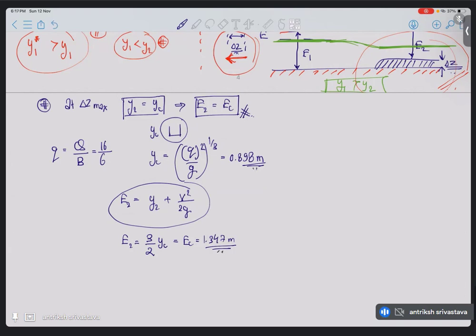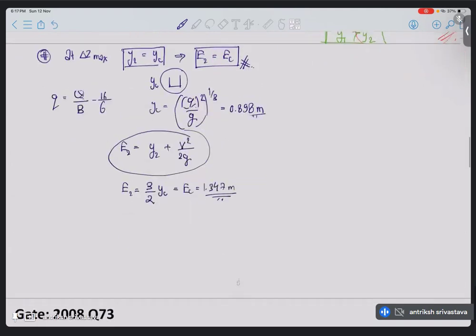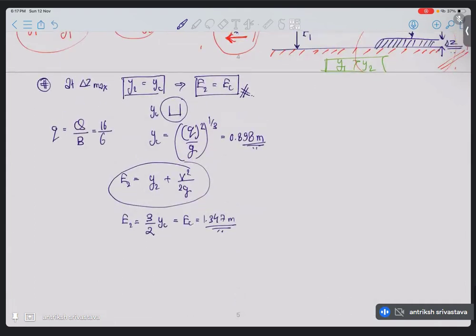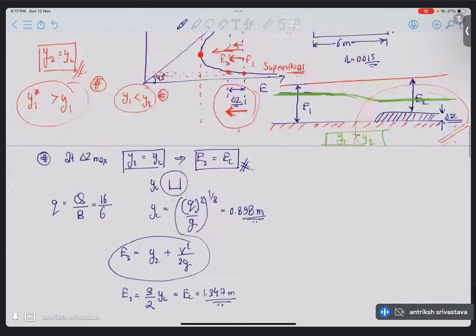Okay, so this is your depth and the specific energy at the downstream side. So if I want to write here, let me write your Y2 is 0.898, and your E2 is 1.347.